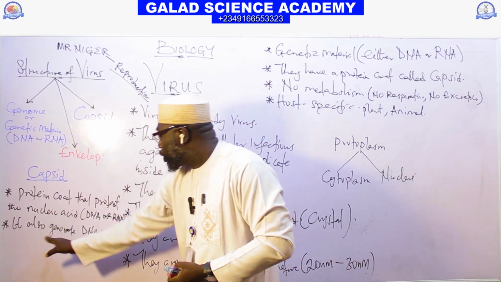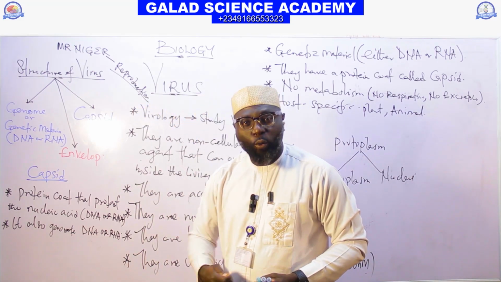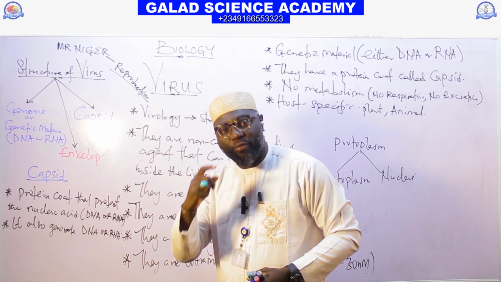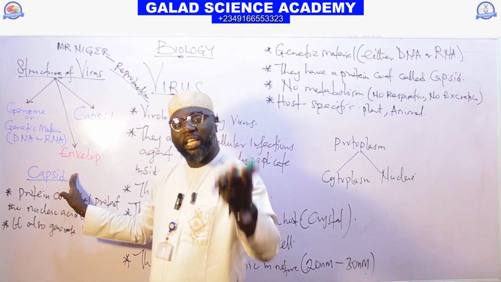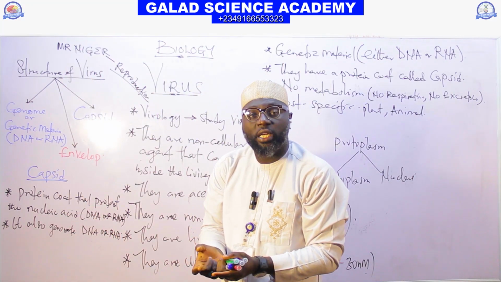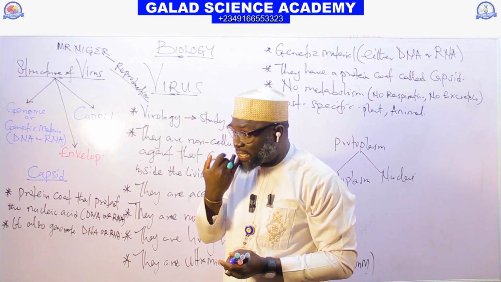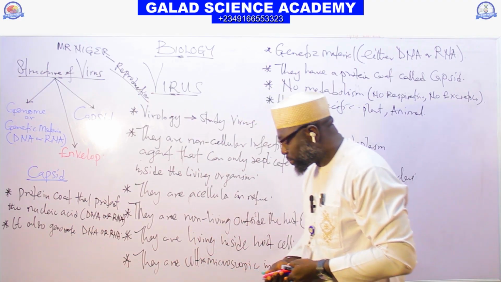It also produces the genetic material of the virus. So the source of genetic material of virus is capsid. And the same capsid, when it produces it, also covers the genetic material.